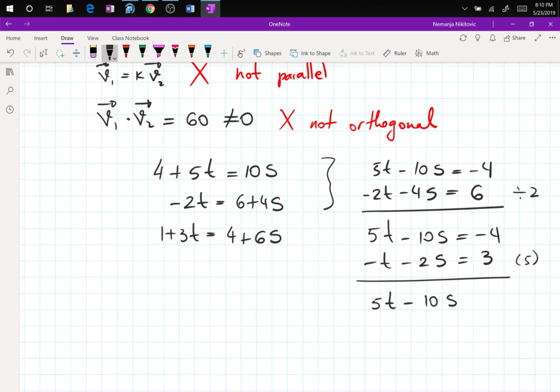5t minus 10s is equal to negative 4. Negative 5t plus 10s is equal to 15. All of these cancel. Did I do this right? I just don't understand. No, I copied something somewhere wrong, right?